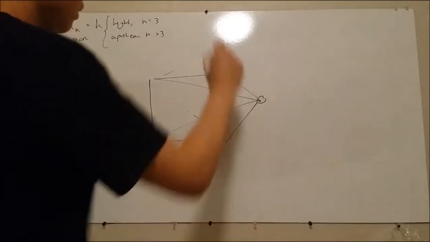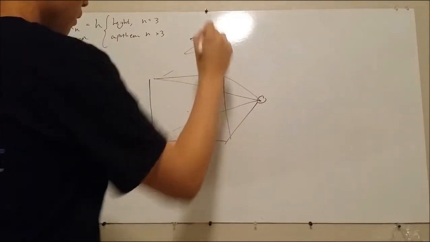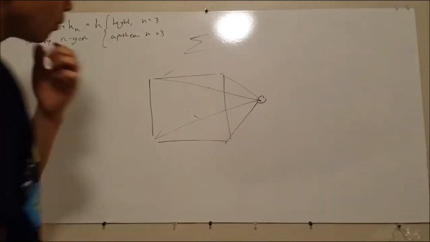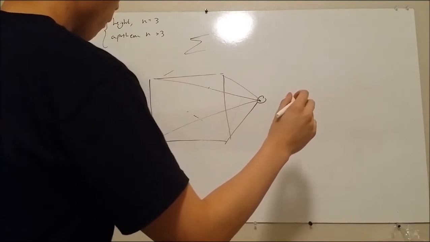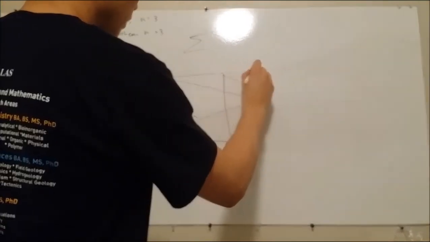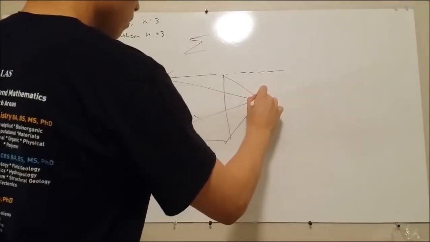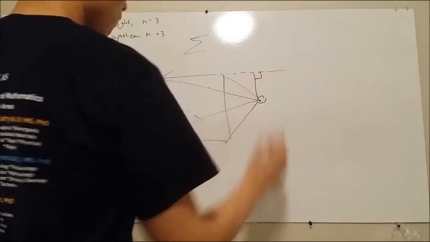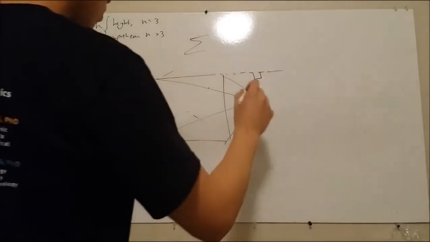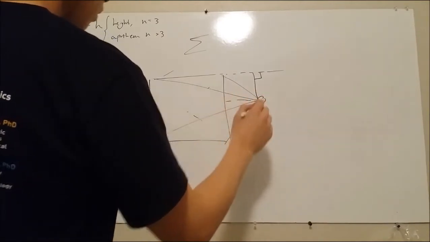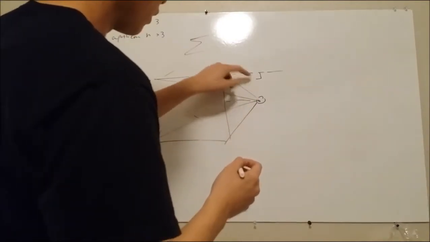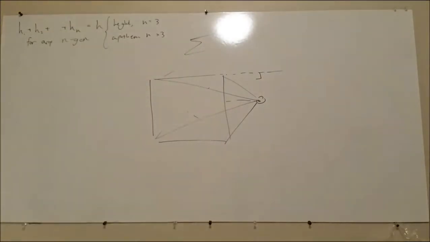But first, let's do this. Let's add up the areas. Let's extend this line here. We draw our height, and let's extend. I'm going to color the heights a different color for clarity.